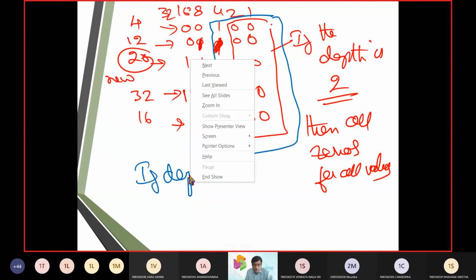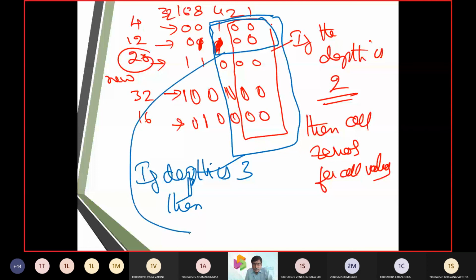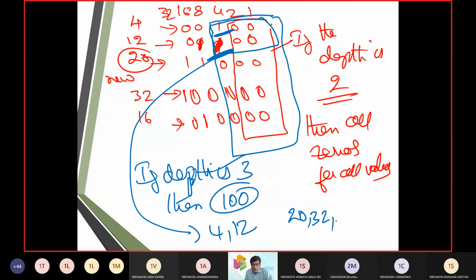If depth is 3, then you can observe 4 and 12 value was 100, isn't it? 4 and 12 value was 100, and 20, 32, 16 are different here.